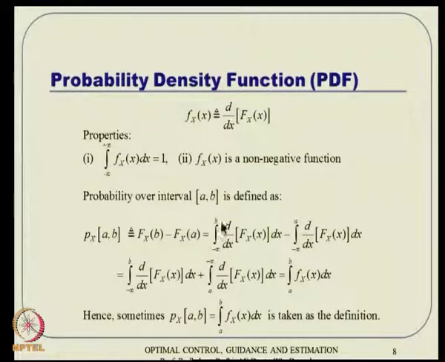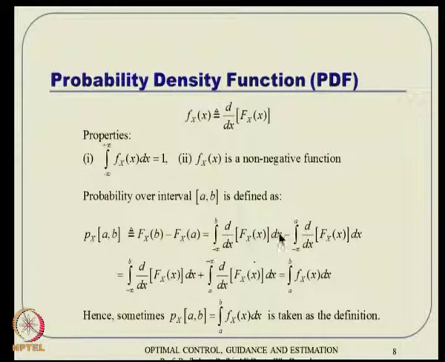It is minus infinity to b by definition, so P x of a b is F x b minus F x a, which is nothing but the integral from minus infinity to b of this, minus the integral of this up to a. This works because capital F of x is the integral of small f of x, if you take the reverse.